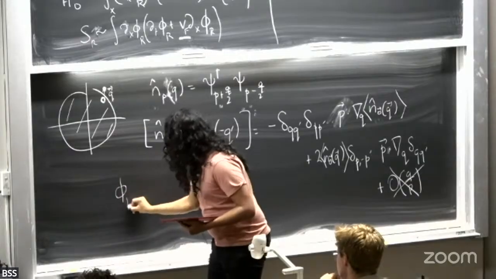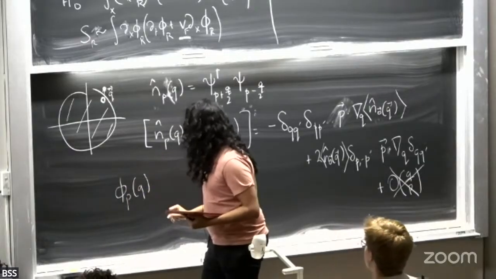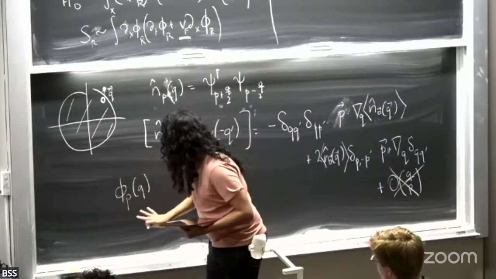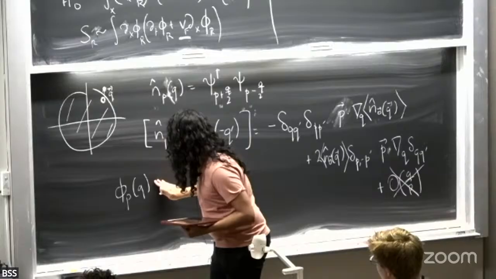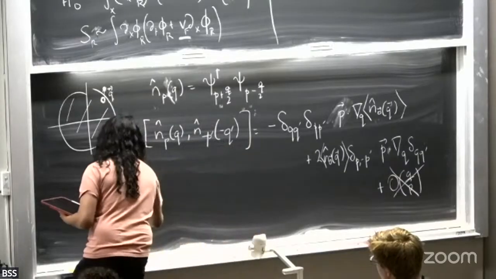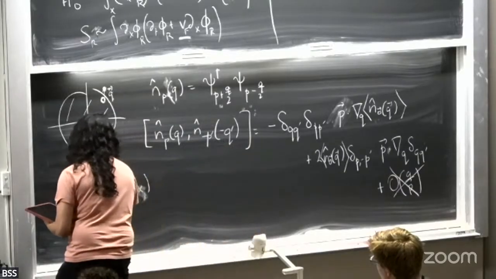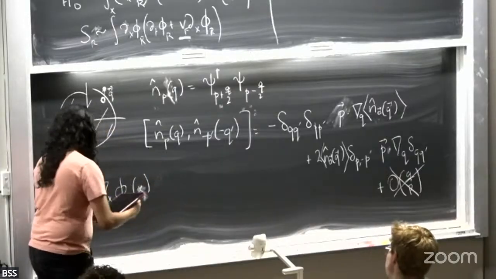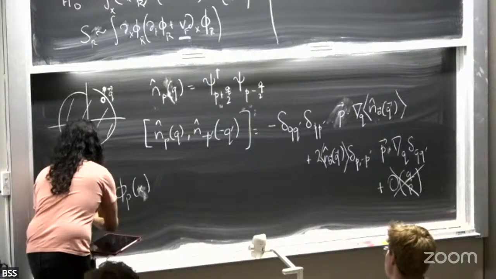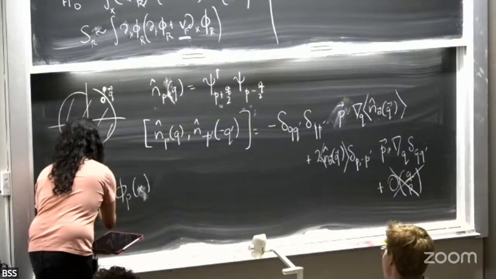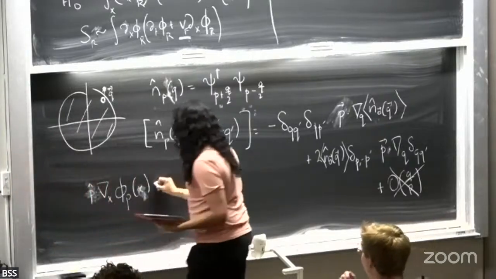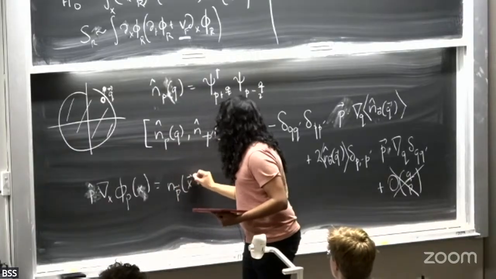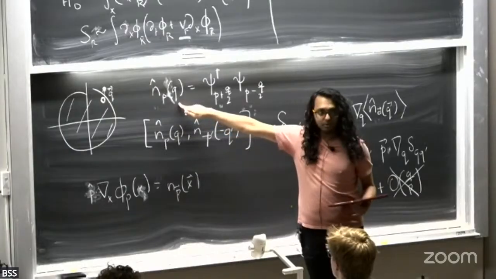a phi_P of q such that, how do I want to say this, phi_P of x such that the gradient with respect to x in the unit radial direction is given by n_P of x, where x is the Fourier conjugate of this q.